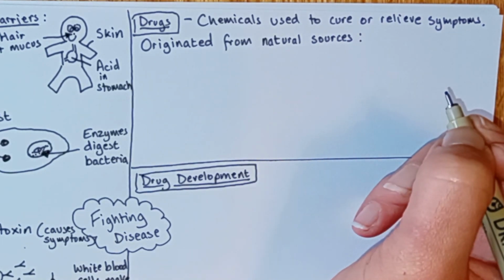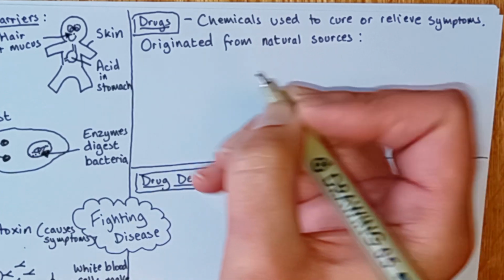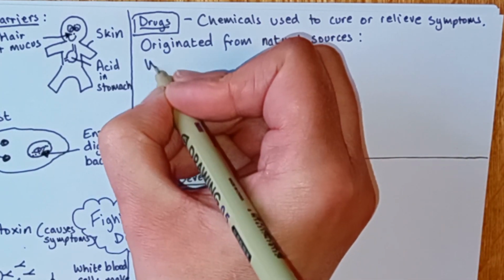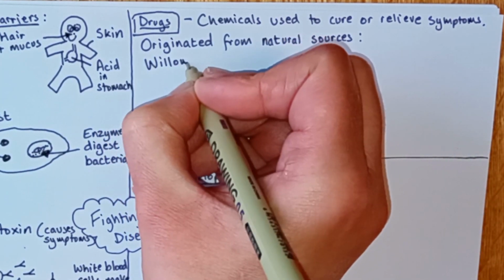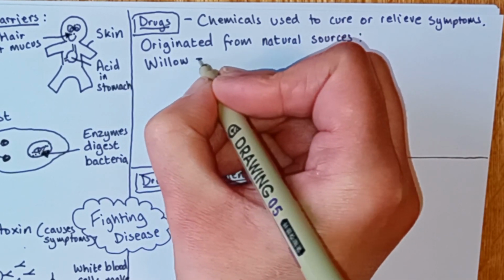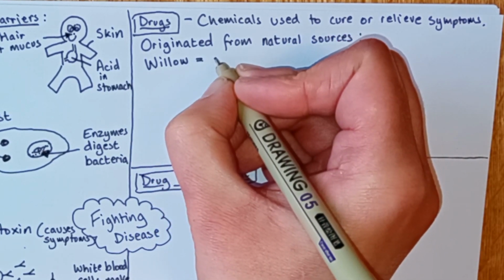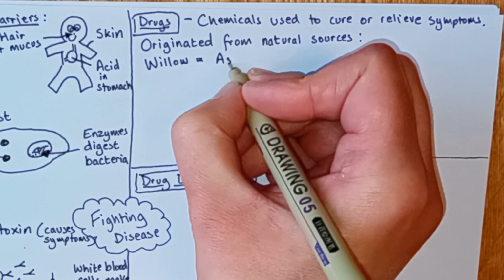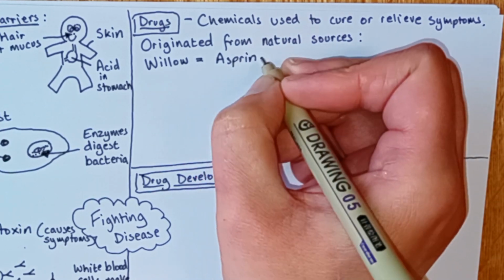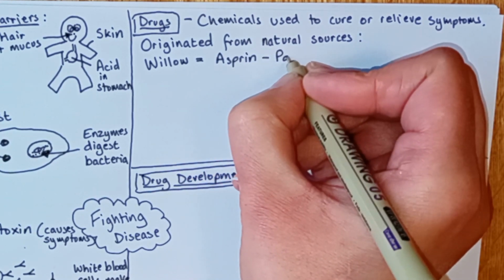So the examples you need to know for the AQA specification are willow, which is a type of tree. The willow bark originally contains the compound that is now known as aspirin. Aspirin is a painkiller.